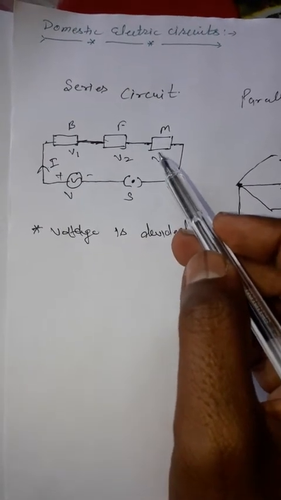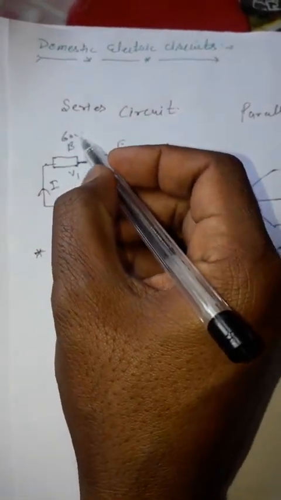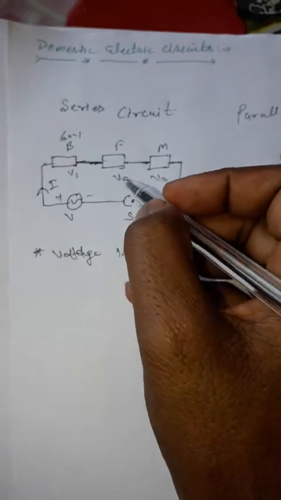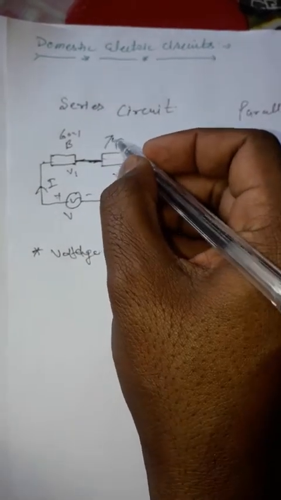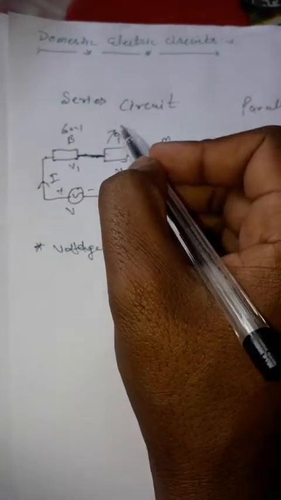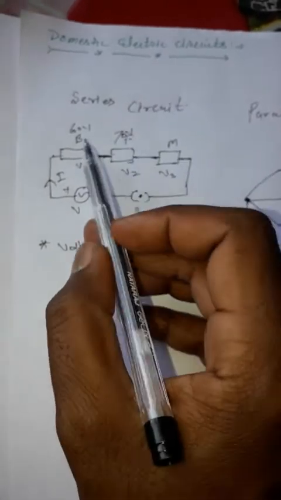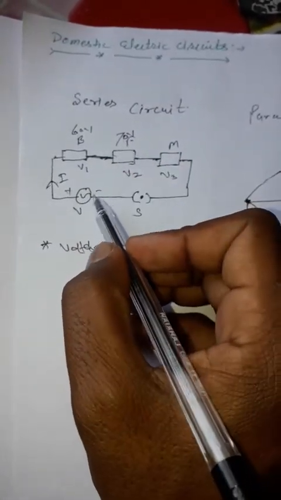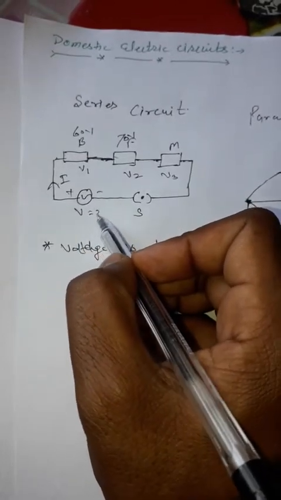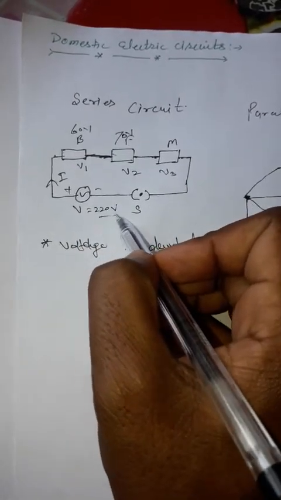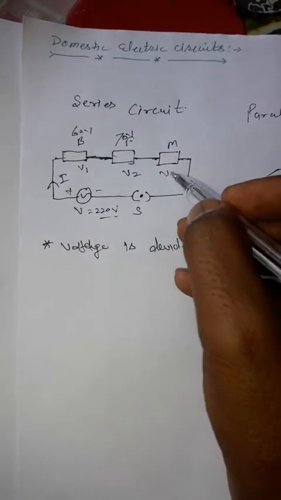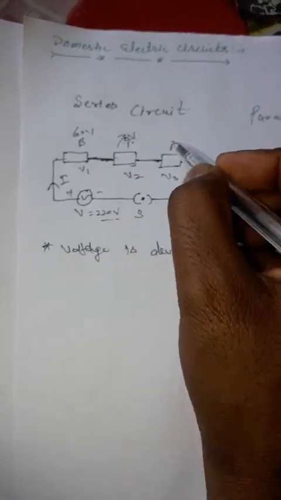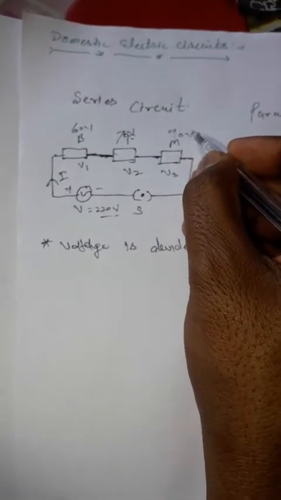For example, if the bulb works on 60 volt, and the fan takes 70 volt, then the total voltage across these is 60 plus 70, 130, and the total voltage applied is say 220 volt, then the remaining voltage V3 must be 90 volt.